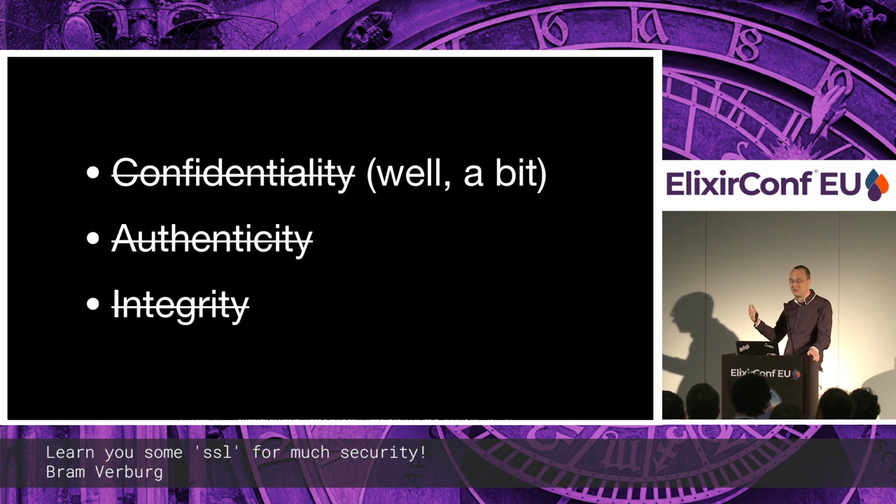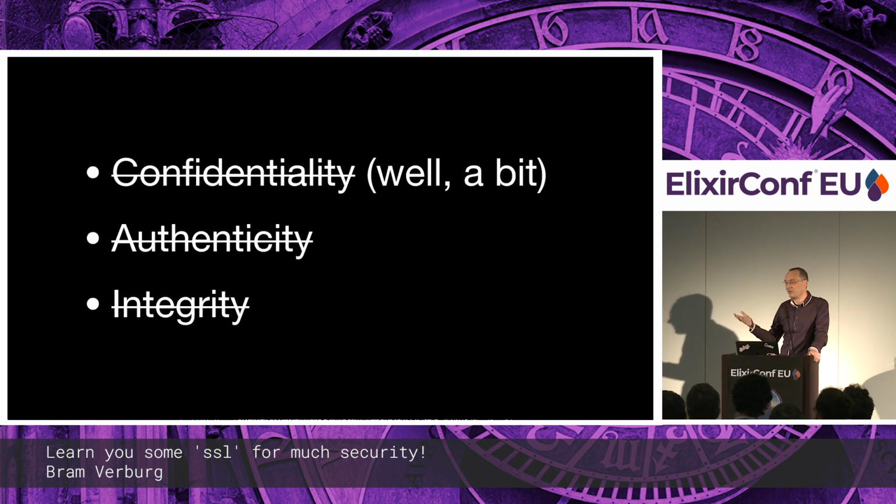confidentiality. I mean, it's probably the thing people look for most in TLS. It's protecting maybe API credentials or other credentials, sensitive user data. But authenticity and integrity can be very important too.